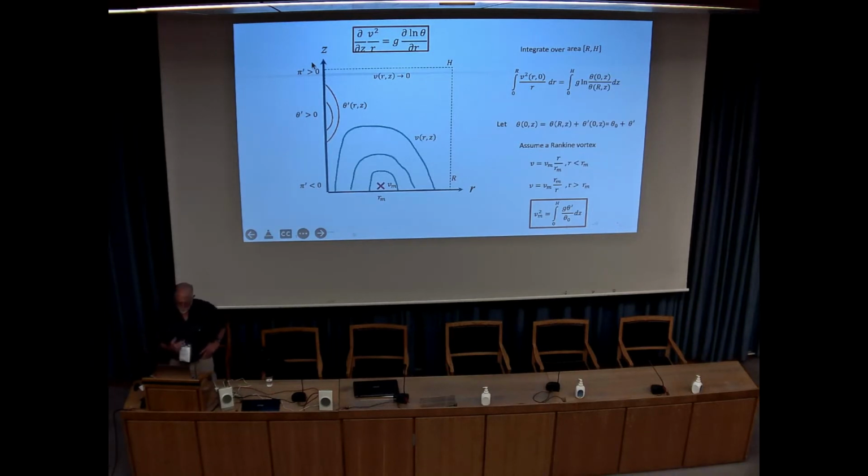So the flow going round and round corresponds to low pressure at the ground, and that low pressure at the ground must be produced by warm air in the column. You don't have to assume a Rankine vortex. Any vortex will do. It'll just produce a different coefficient. Instead of 1, it would be some order 1 quantity.